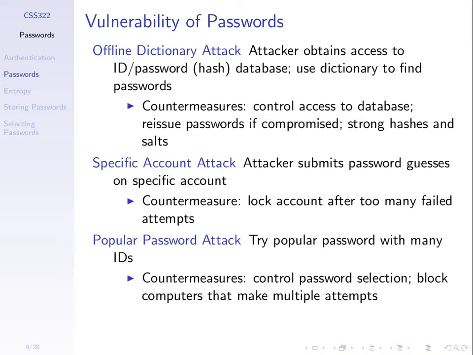Let's say the attacker, it's me and I'm attacking, I'm trying to log in as many other students on the registration system. The system could then start to detect, okay, from the same source computer, there are attempts to log in at many different accounts. That's unlikely to occur. So the system can start to block computers that make multiple failed attempts.